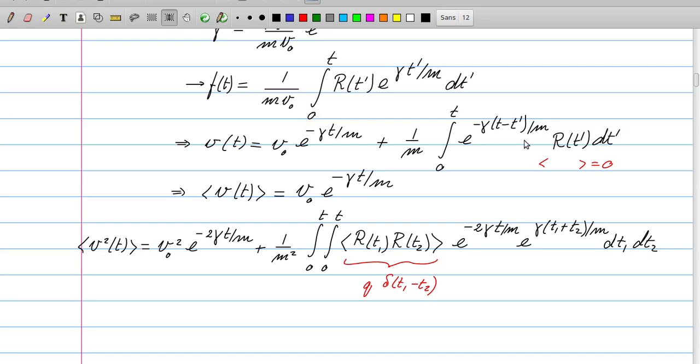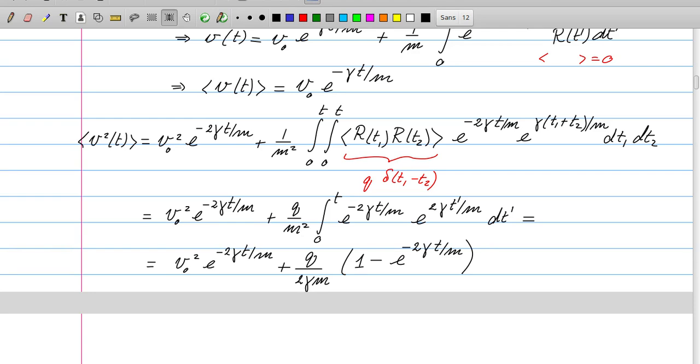We have first an integral for the first v, and then for the second one we call the integration variables t1 and t2. And therefore we have an expectation value of r(t1) and r(t2), and we know from the statistical properties of r that we can write this as q times delta(t1 minus t2), and that simplifies the integral a lot.